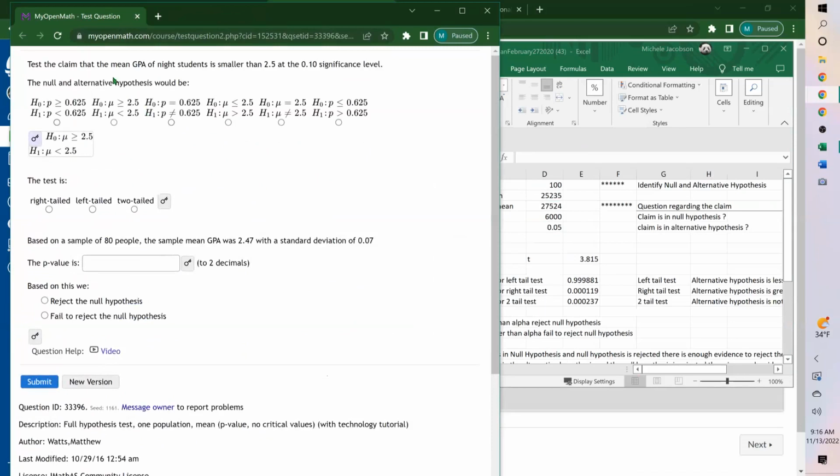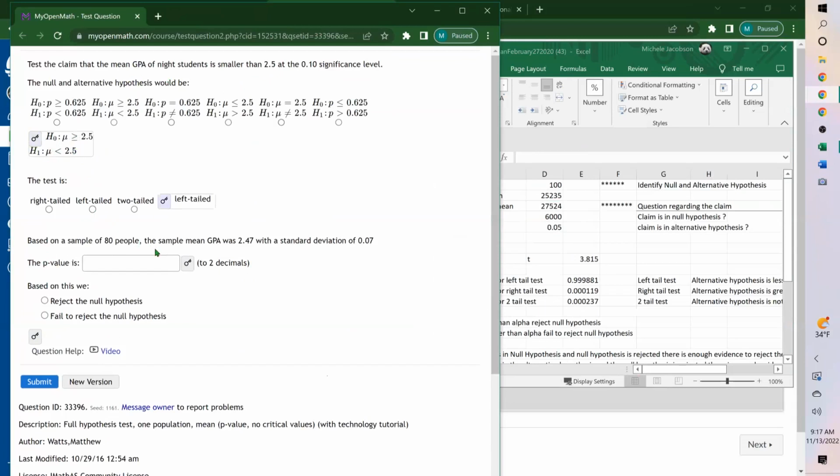But this one is the mean grades is smaller than 2.5. And so we're testing less than 2.5. The opposite of less than is greater than or equal to, and that's why they're using that. You could also use equal to here. Because we're testing less than, it's a left tail.